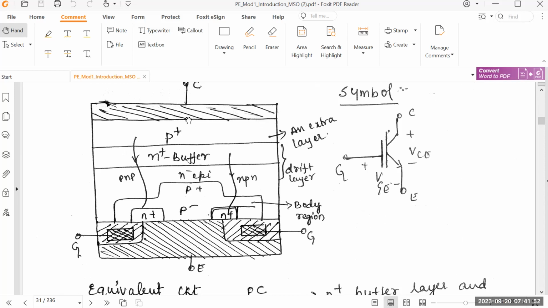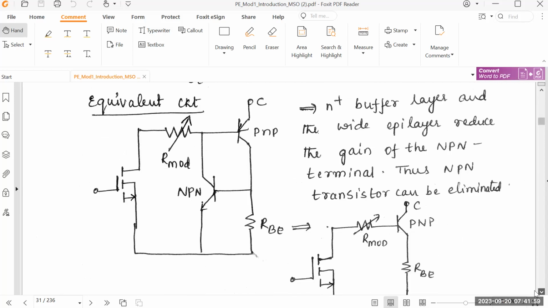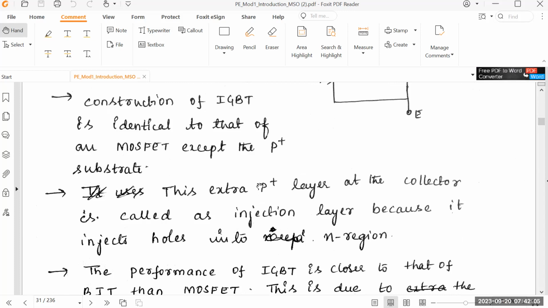Since it is P type, it is full of charge carriers called holes, so it injects the holes into the N region.